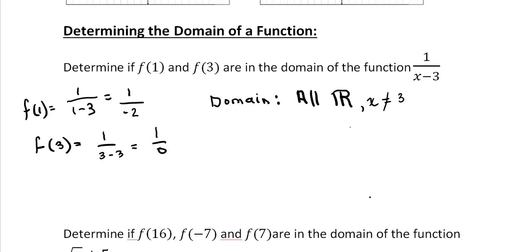If we wanted to write it in set notation, we could say we have the x such that x is a member of the real numbers and x is not equal to 3. There's my 3, and there's my bracket. So that would be how I would say that domain in set notation.